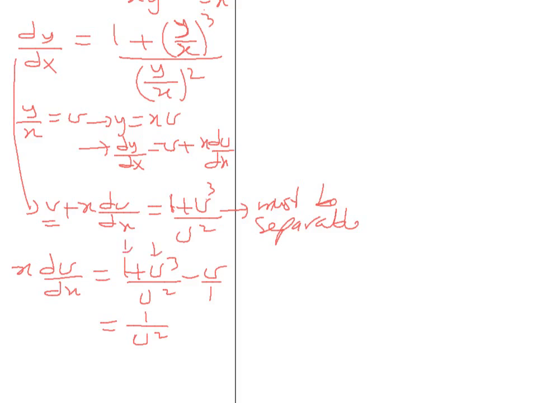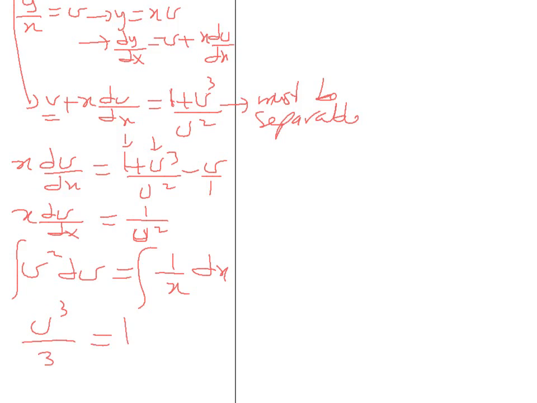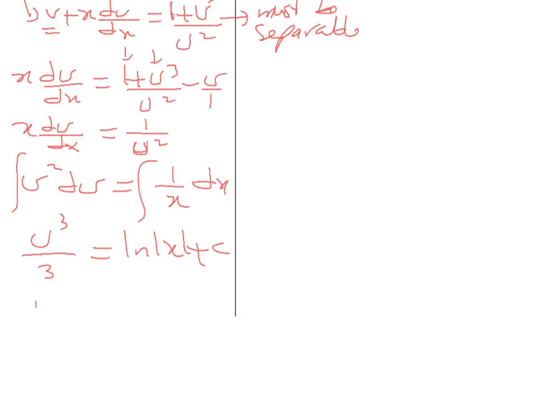So this is 1 over v squared, and this is x dv/dx. Now separate the variables. So you have v squared dv equal to dx over x. This is always, by the way, 1 over x. Integrate. So this is v cubed over 3 equal to ln x plus c. Then the last step, replace v by y over x, so y over x cubed divided by 3 equals ln x plus c.